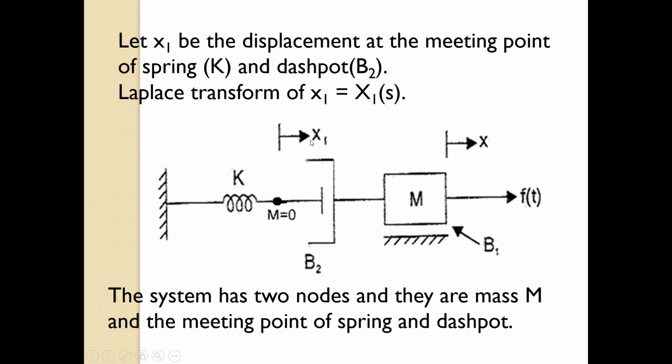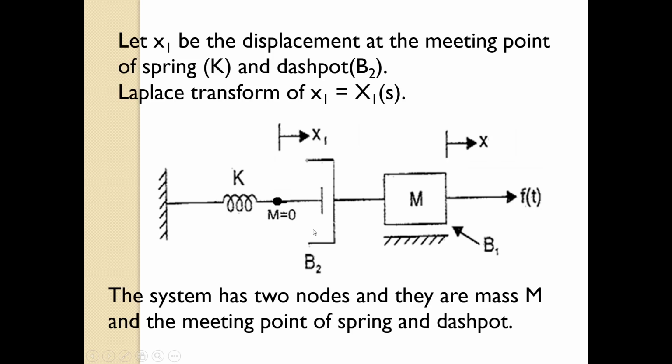If x1 is the displacement at the meeting point of K and B2, the Laplace of x1 is X1 of s, the Laplace of the displacement that we have assumed at the meeting point of K and B2.